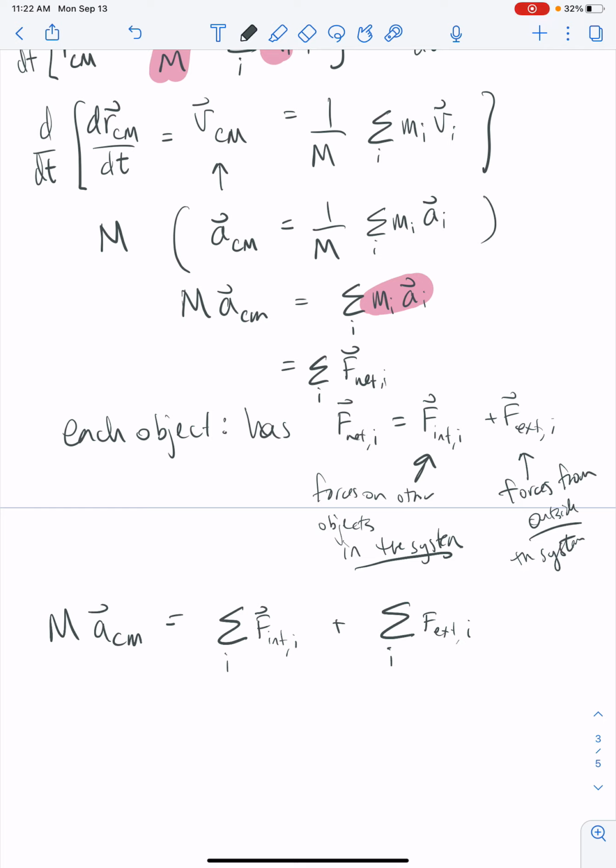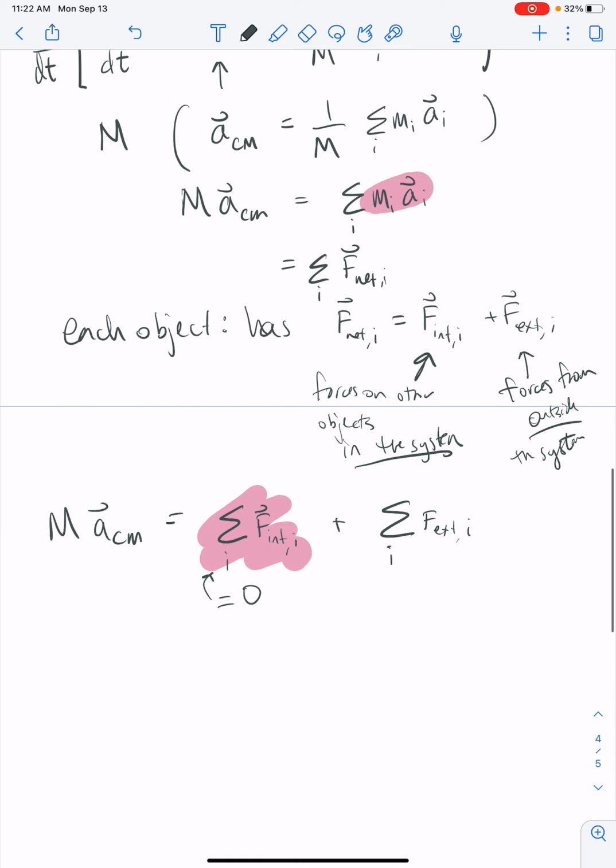Now, using Newton's third law, we know that this term must sum to 0, okay? Because for each of those internal forces, there is an equal and opposite force. So if it's a force from another object inside the system, then that second object exerts an equal and opposite force. So when we add up all those internal forces, they all sum to 0.